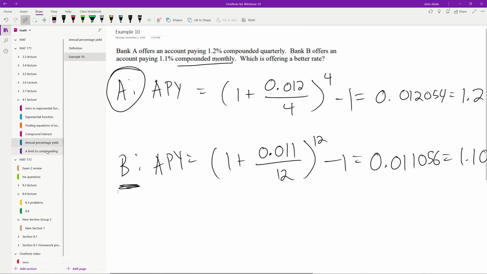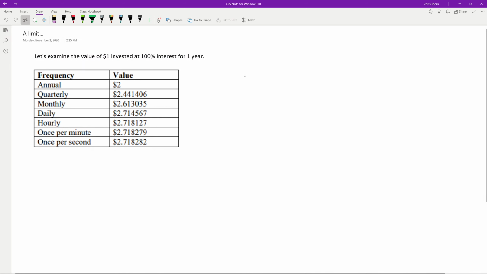And our last topic here is this idea of a limit to compounding. So let's examine the value of $1 invested at 100% interest for 1 year.